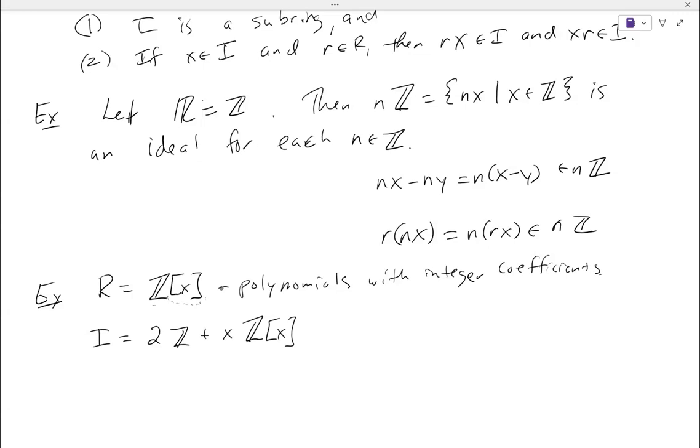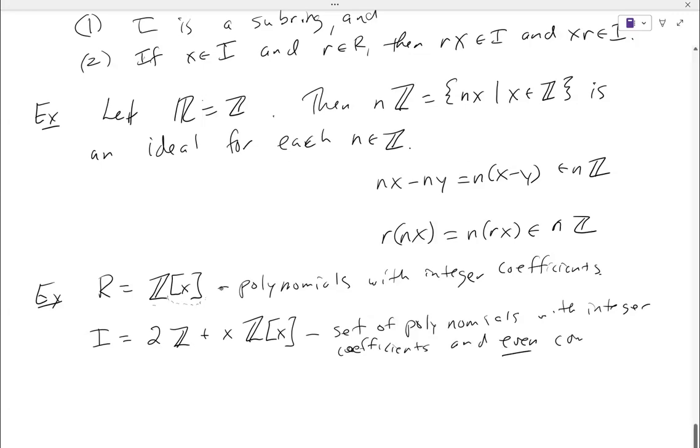What does this do then? Do you think? That's an even constant. Yeah, it has an even constant. So this is the set of all polynomials with integer coefficients and even constant term.